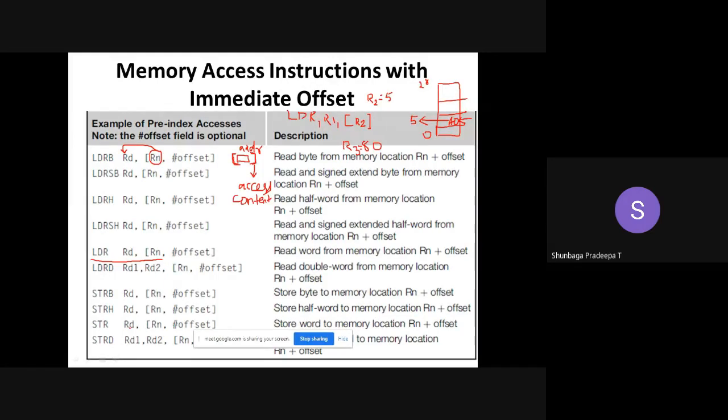From where I have to update the value? It is the R3 value, right? So R3, comma, where I have to write R2, content of R2. So this will now be loaded into the address location 5. So store the byte to the memory location Rn plus offset. Okay.